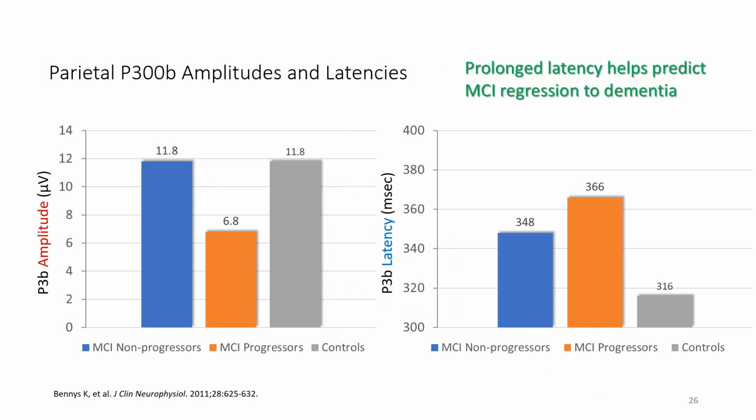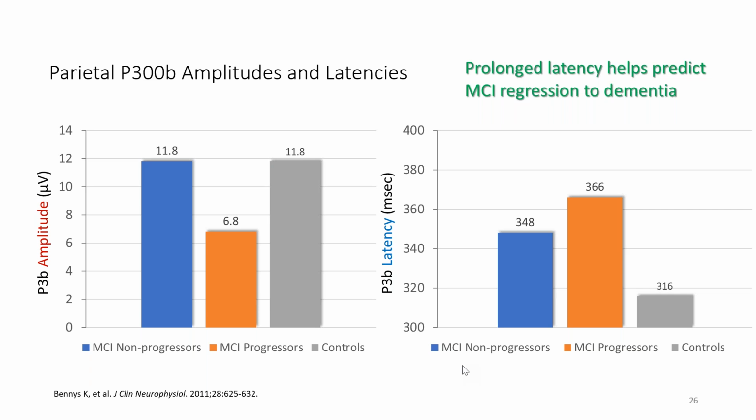The P300B is used also to determine if you have a person who's going to progress or really regress from mild cognitive impairment, and if it gets worse. So prolonged latency, so you have a delayed P300B, say it's not 400, it's more like 500, 600. If that latency is getting longer, then that's a predictor of a regressive dementia case or degenerative pattern.